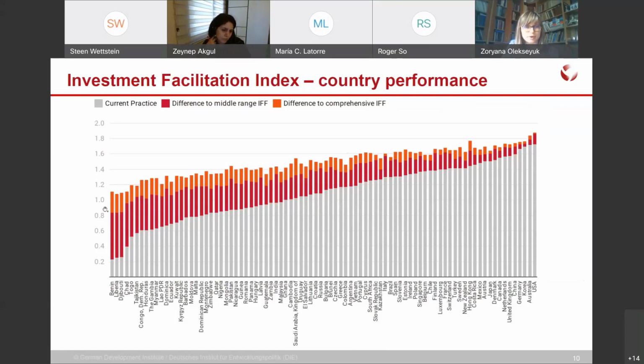And you see that there is quite a big improvement, especially for low-income countries. And the second one, we call it a comprehensive investment facilitation framework, because there we took into account all of the proposals that we had at that time, and you see here is still even better improvement, but still for developed countries, it's quite low, given the high current level of implementation.